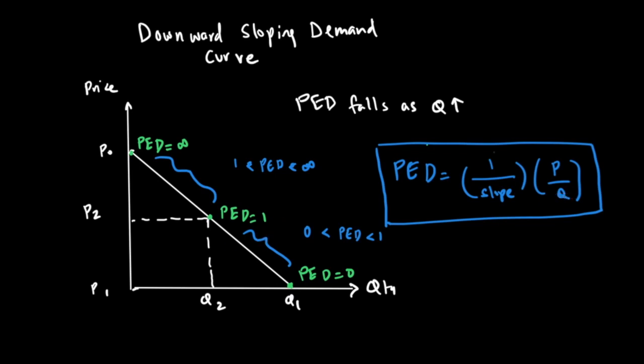So no matter what the slope is, my PED will be 0. While at this point, my quantity is 0, so my denominator is 0. And we know that anytime the denominator is 0, the value will become infinity. So if I use this formula, PED is equal to 1 over slope times P over Q, I can find the corner values to be infinity and 0.